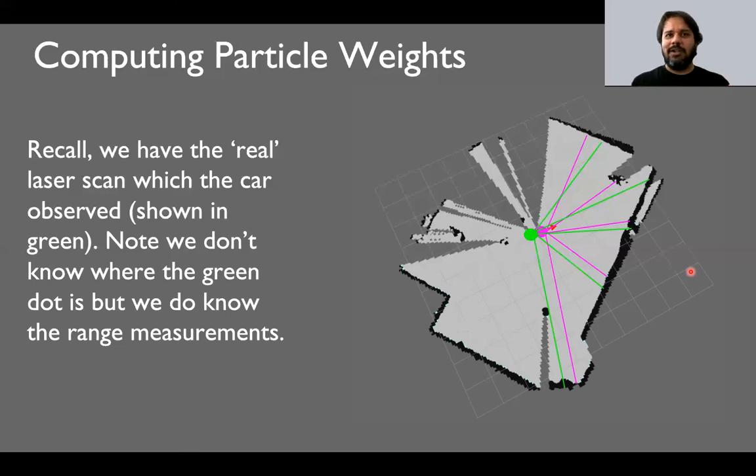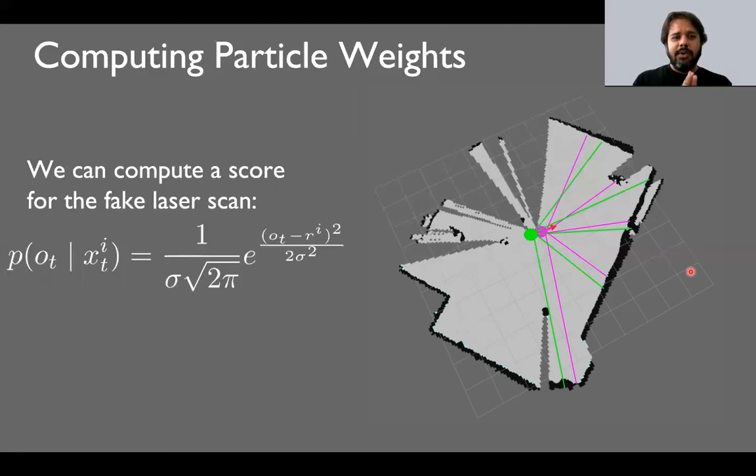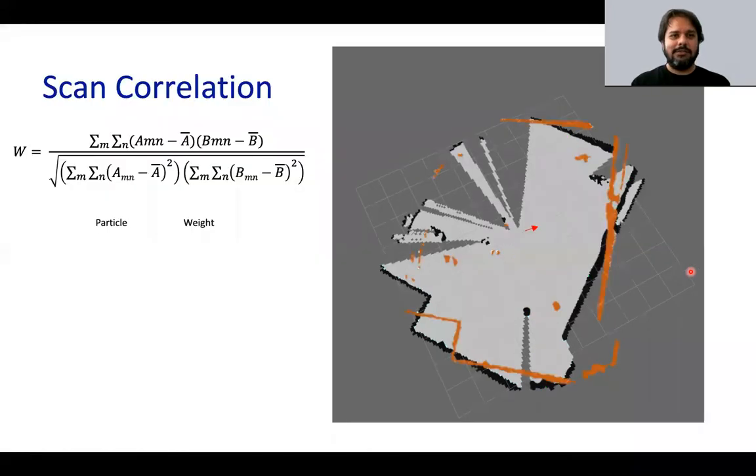How close is your range estimate to the ground truth range that you see? So you can compute a score or a correlation between the set of ranges that you would see from a particle and the real data that you see. And this correlation can be thought of as a weight of the particle.